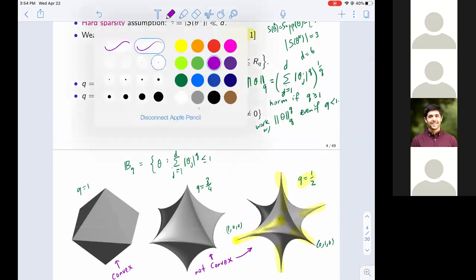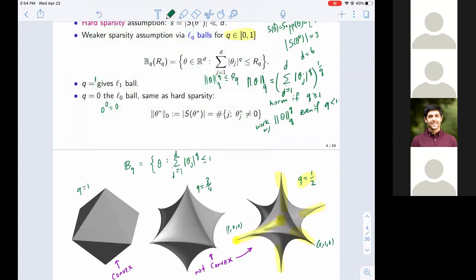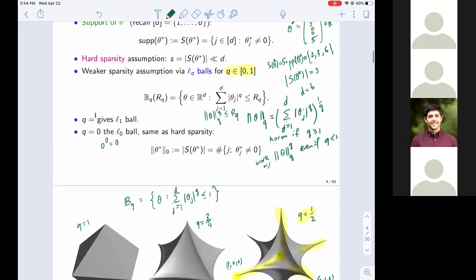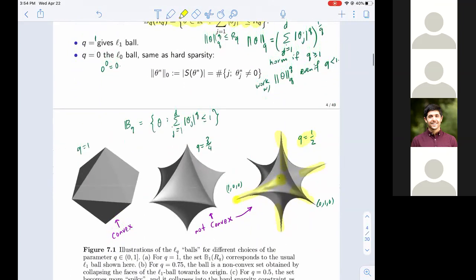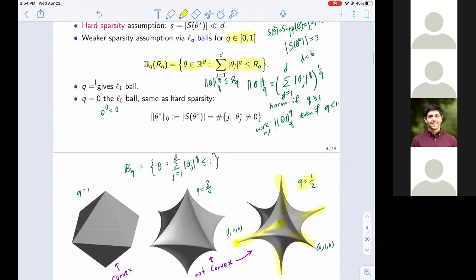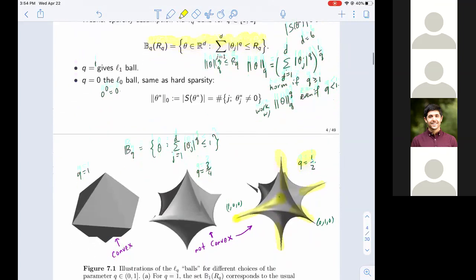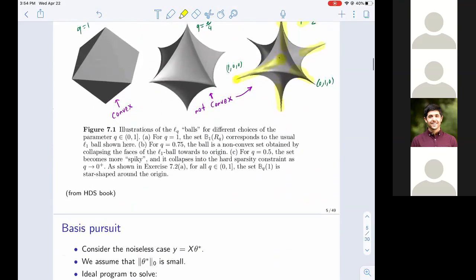We're not going to worry too much about optimizing over these balls. In this course we will rather work with this as an assumption on theta star. We'll estimate theta in a different way. But people in statistics work with these types of penalties as well, if you want to add a penalty.